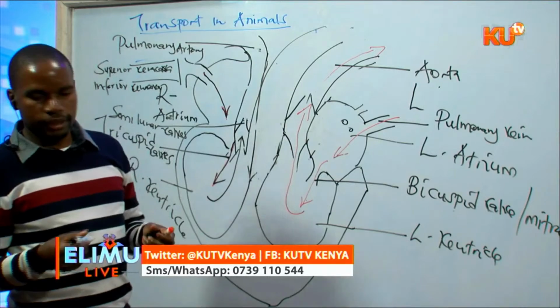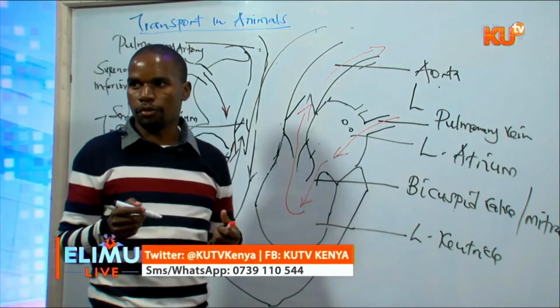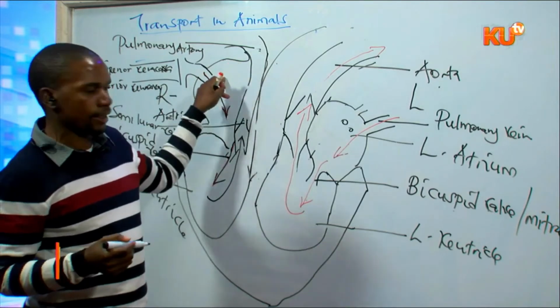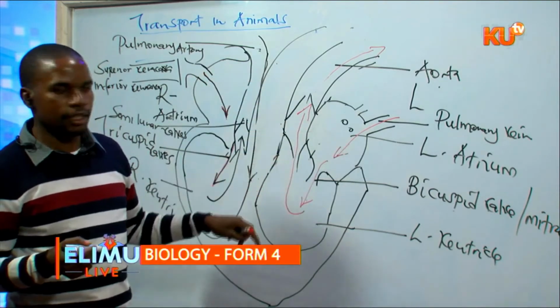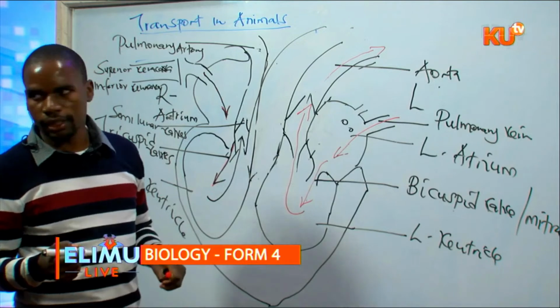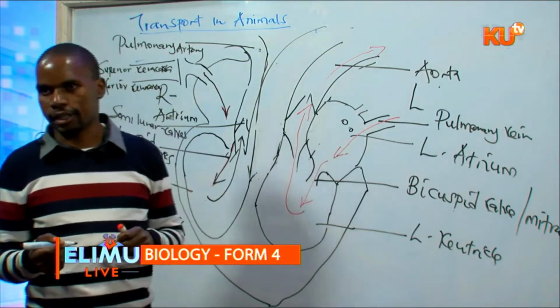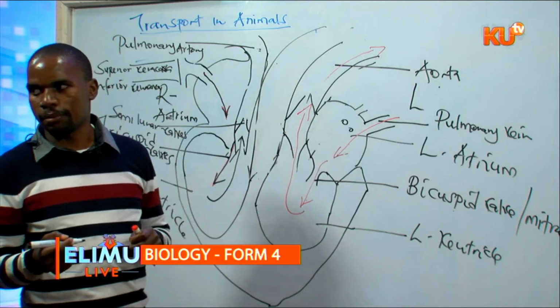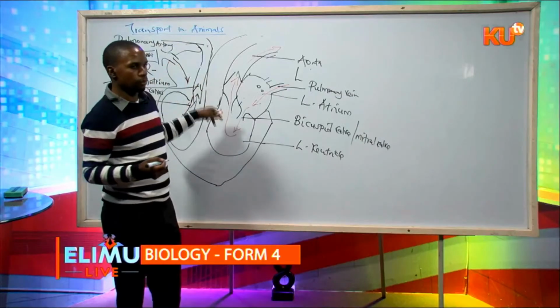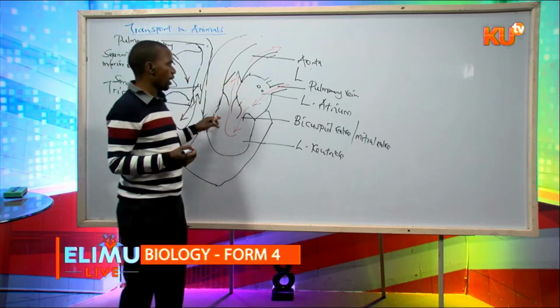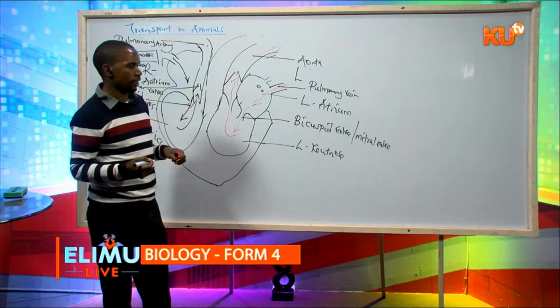So the system through which blood is moving from the pulmonary artery to the lungs and back to the heart is known as pulmonary circulation. So you may be asked how we refer to that system, and we are saying that that particular system whereby blood is moving from the heart to the lungs and back to the heart is known as pulmonary circulation.